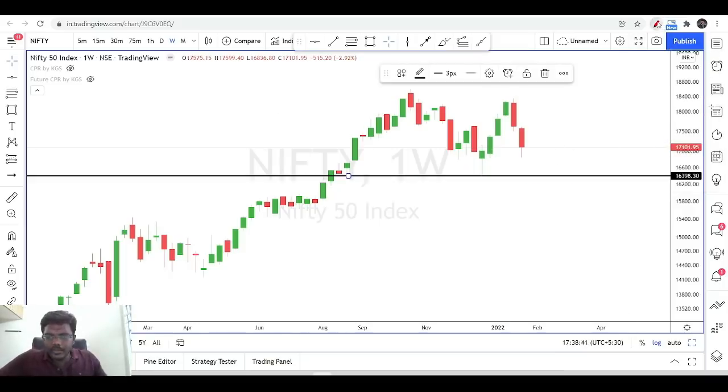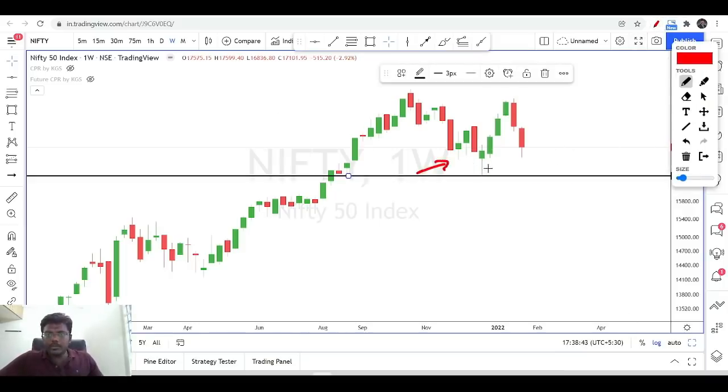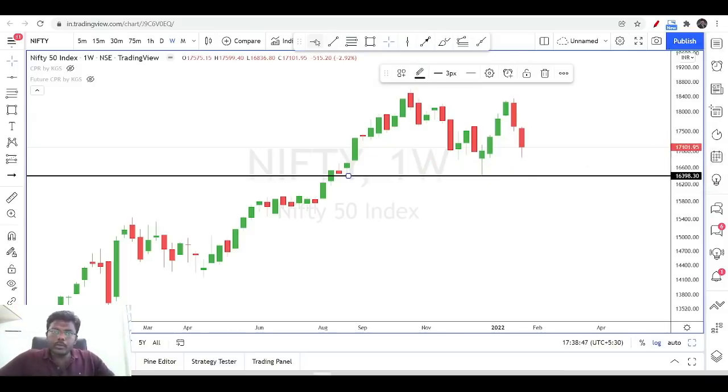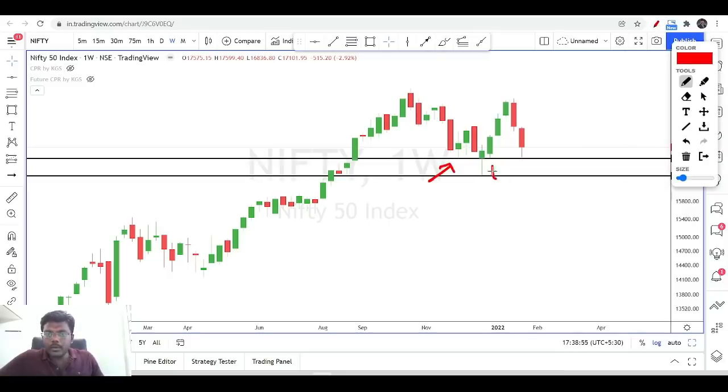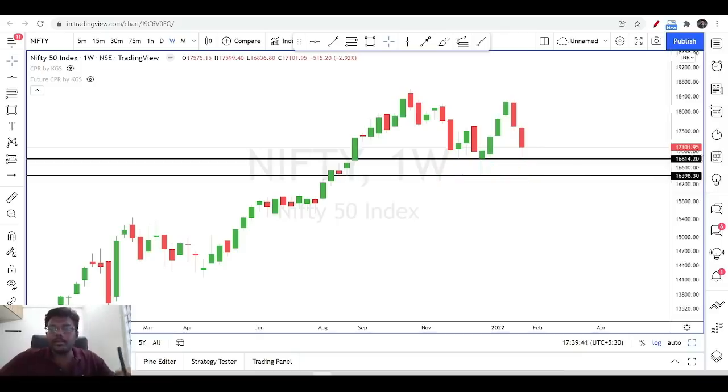We can clearly see here that many times the candle has taken support. So I am going to draw another support level which matches all three candles: candle 1, candle 2 and candle 3. I am drawing a common support level which passes through all these three candles.